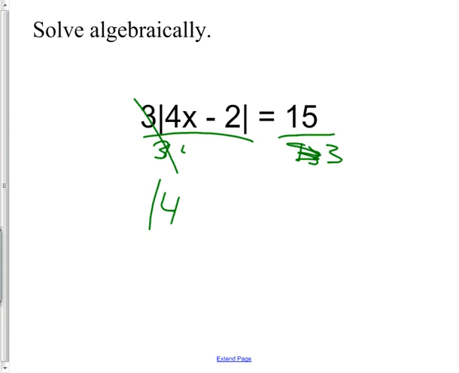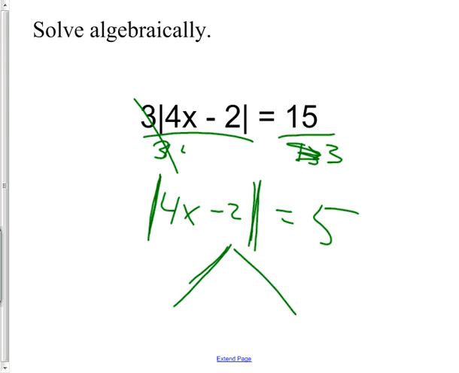I'd have 4x. Oh man, my brain's giving out. I'm almost done for the day. 4x minus 2 equals 5, and then I would split it up into the two equations. Notice I shouldn't split it up until I'm down to just an absolute value problem. And now I can split it up into the two equations. 4x minus 2 equals 5, and 4x minus 2 equals negative 5.